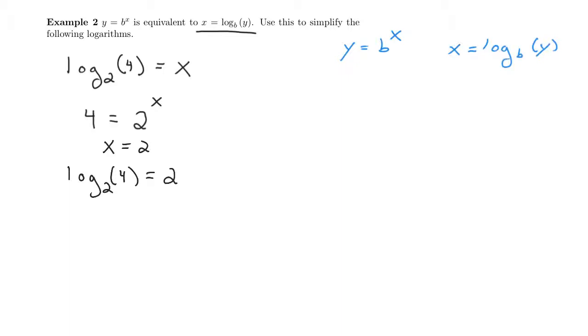The reason that's true is because 2 squared is equal to 4, this idea of going backwards from an exponential function. So let's try a couple of others. How about log base 2 of 32? What is that equal to? To figure that out, you go to your exponential function 2 to the x. What do I put in place of x so it's equal to 32?